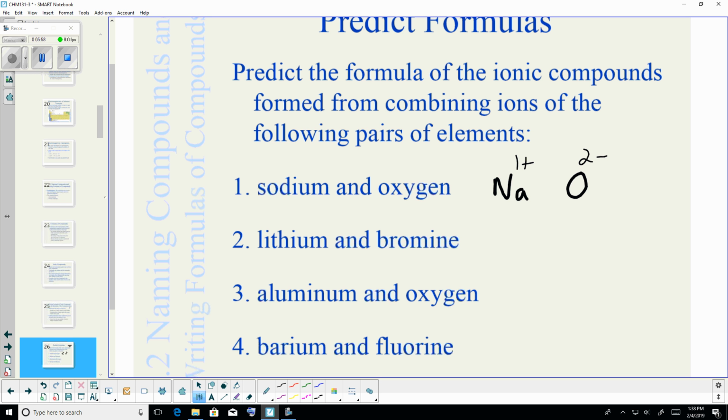Sodium has 1 positive. So how many sodiums do I need to negate the oxygen? 2. I need 2 pluses for the 2 minuses. So the formula for sodium oxide is Na2O.